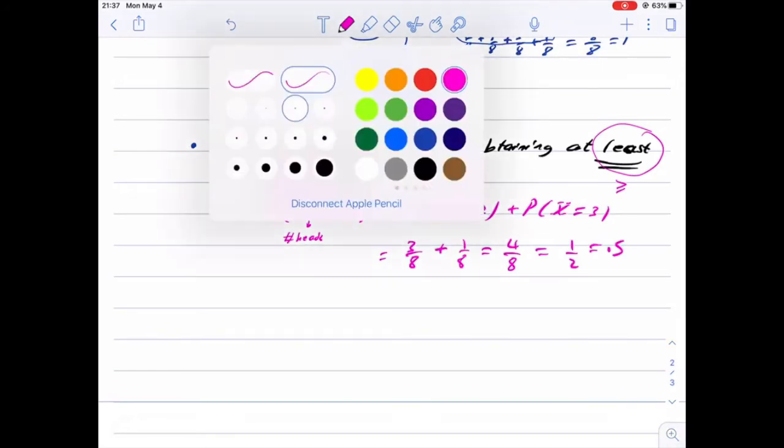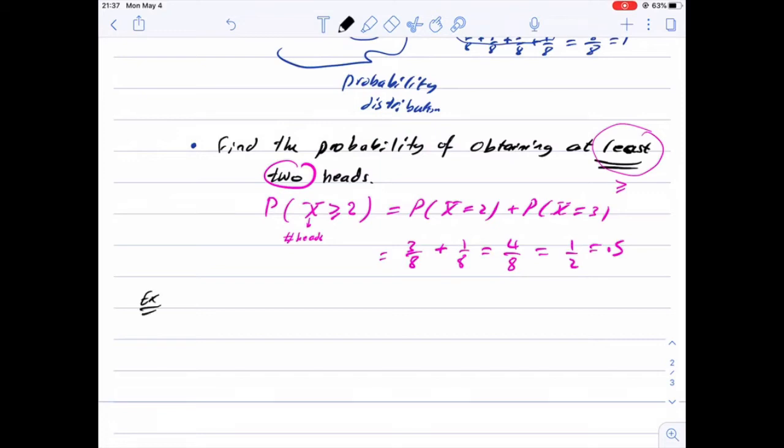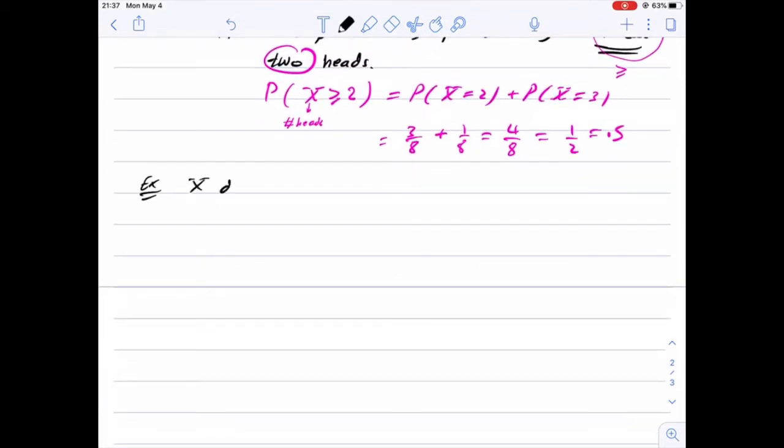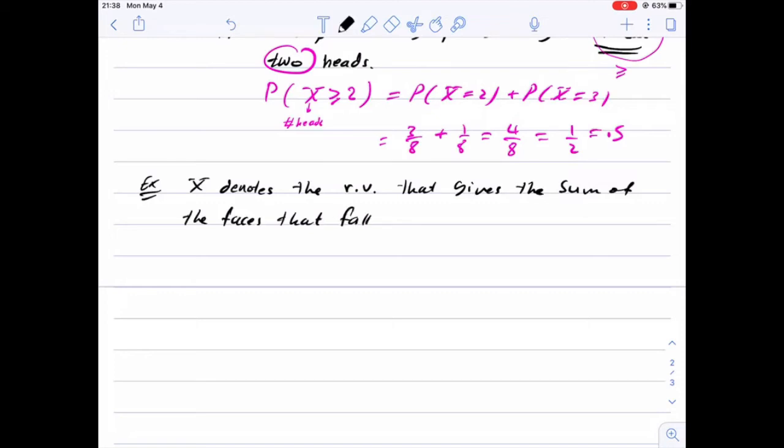Now another example. Let x denote the random variable, let me write it as abbreviation, RV, random variable, that gives the sum of the faces that fall uppermost when 2 fair dice are rolled.